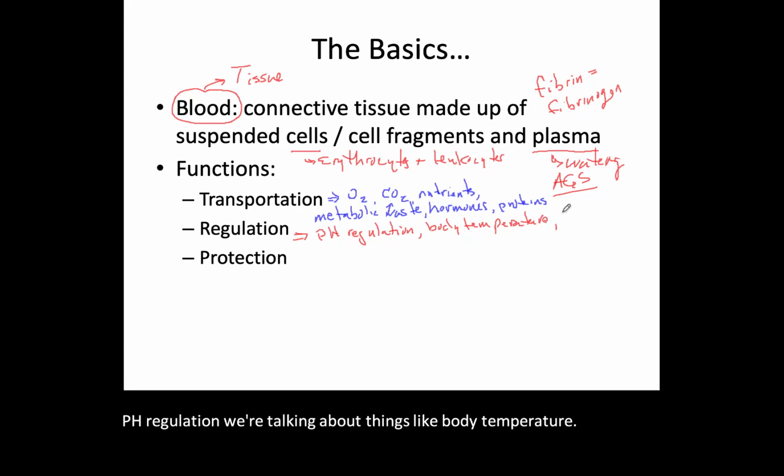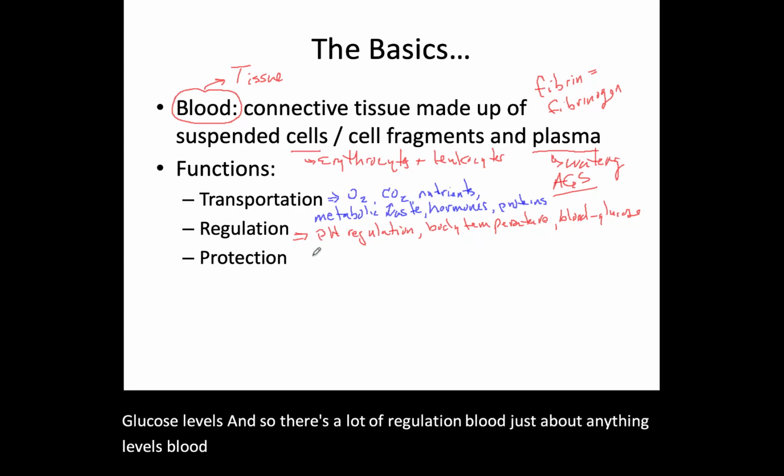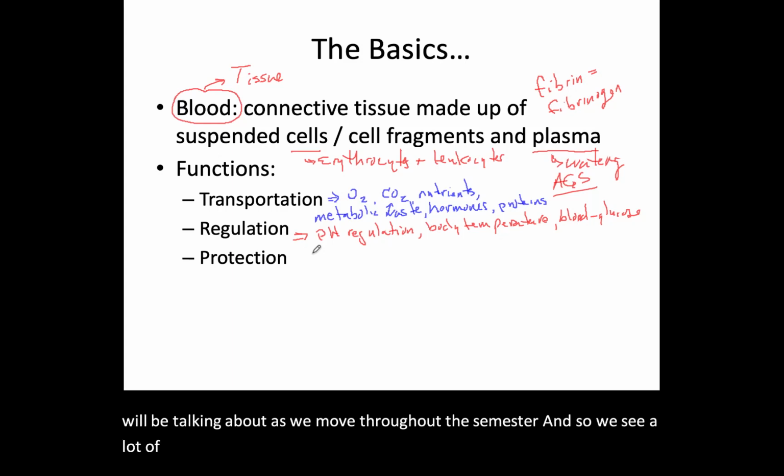We're talking about things like blood glucose levels. Right? And so there's a lot of regulation. Blood, just about anything levels. Blood calcium levels, blood glucose levels. These are all things that we will be talking about as we move throughout the semester. And so we see a lot of regulatory mechanisms.